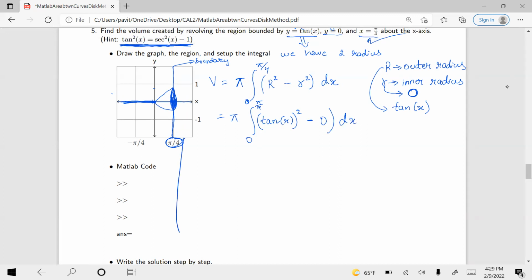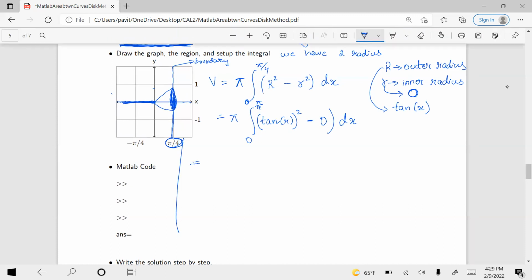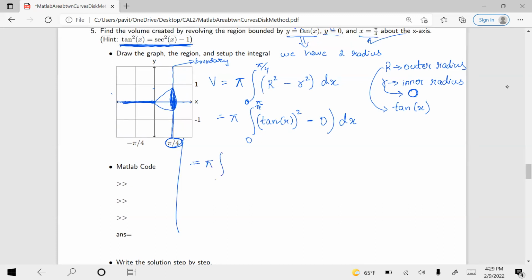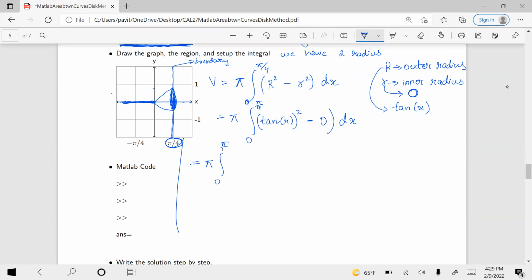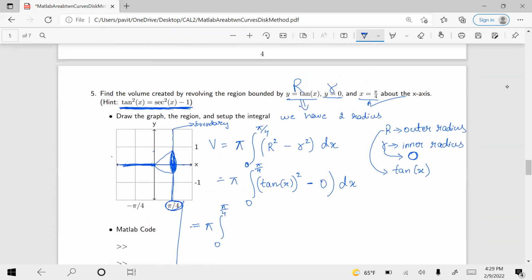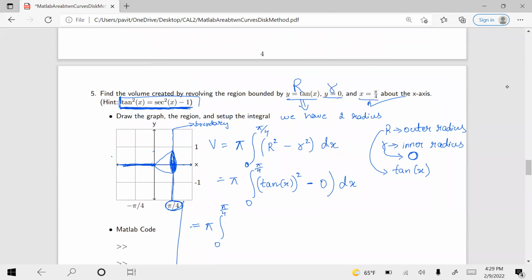Equal to pi, 0 to pi by 4, the same thing. Now you are going to use the formula here, because we do not have a standard formula for integration of tan x the whole square.